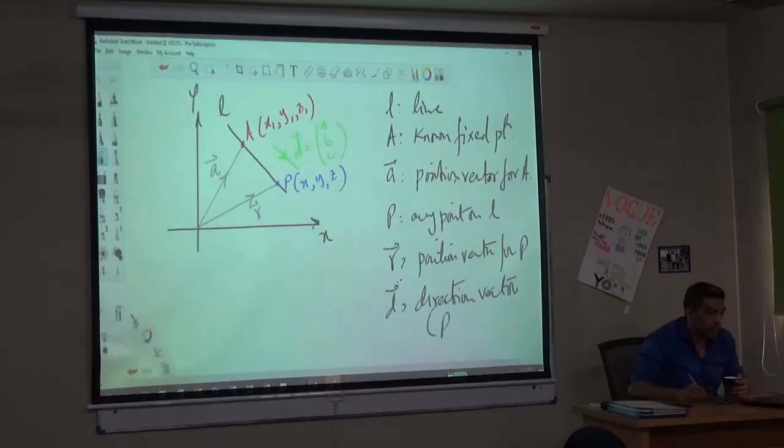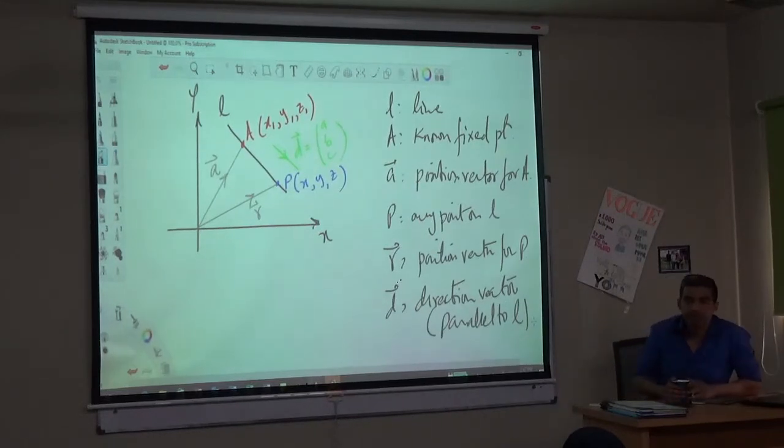Why do we call it the direction vector? Because it is parallel to the line L. So are we okay with it?